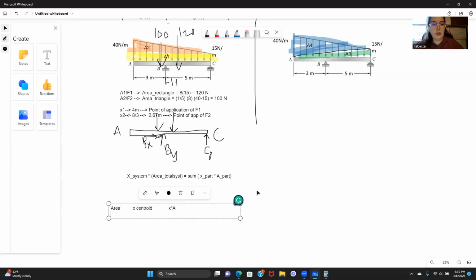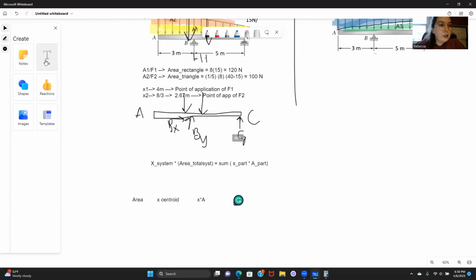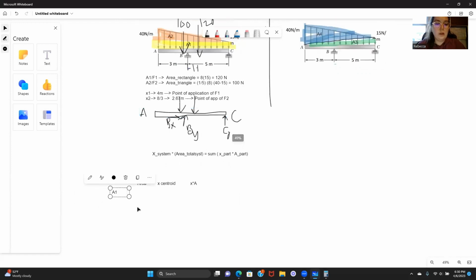For area 1, the area is going to be that point force equivalent of 120 newtons.